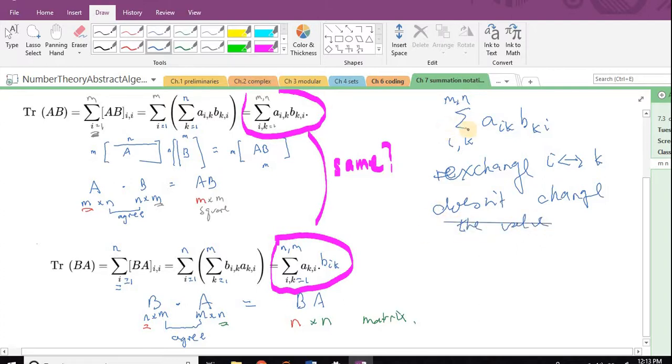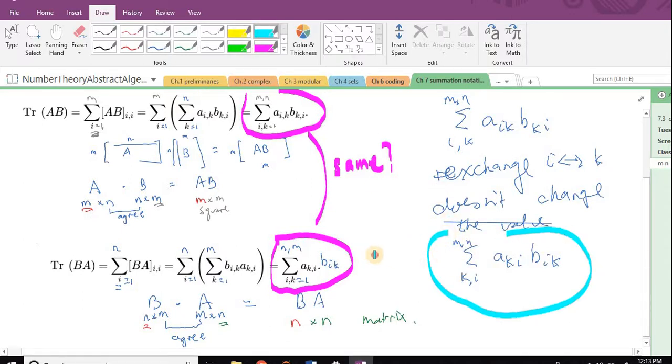And that will give me, if I exchange the I and the K, a sum over KI and MN. And this would be AKI BIK, which is exactly the same as this one. So these are equal. All right.